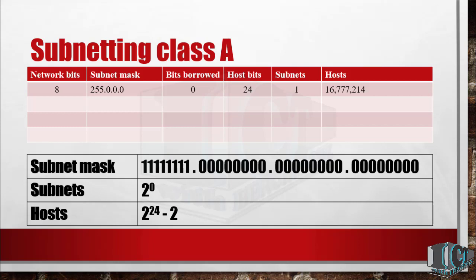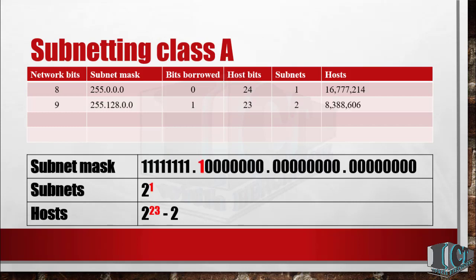So the number of bits for the network would be 8. The subnet mask is the default subnet mask for class A. We haven't borrowed any bits yet. The host bits will be 24 and only one subnet can be created, or that means only one network is created.